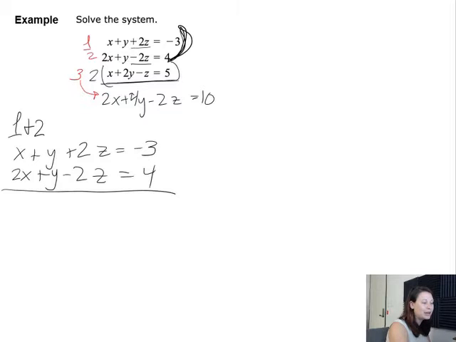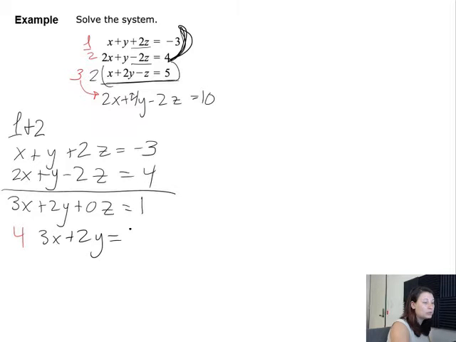Just add down. x and 2x is 3x, y and y is 2y, 2z minus 2z is 0z, minus 3 and 4 is 1. So our fourth equation is 3x plus 2y is equal to 1.